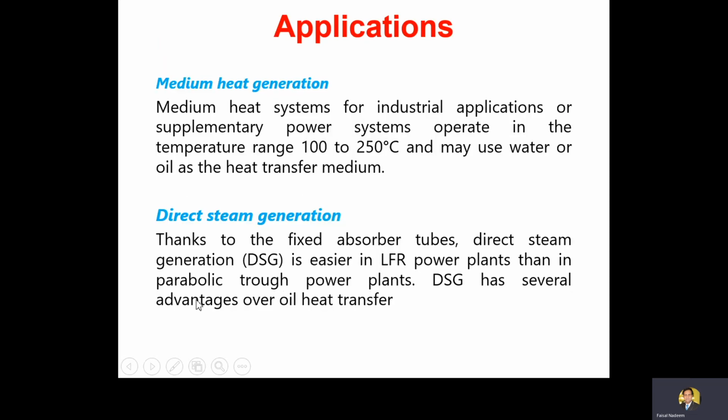However, direct steam generation, thanks to the fixed absorber tubes, is easier in LFR power plants than in the parabolic power plant. DSG has several advantages over an oil heat transfer medium, and I will explain direct steam generation and medium heat generation again in the final slides of this lecture.